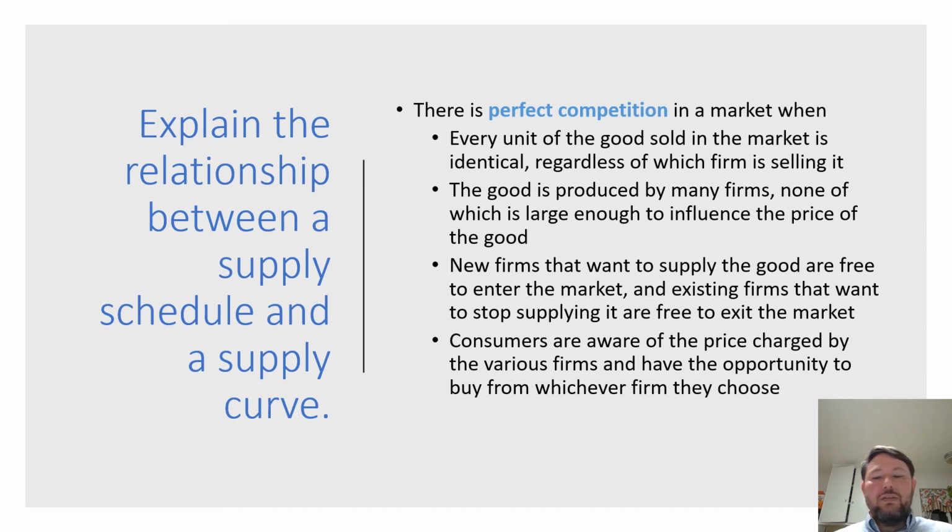But in the real world, some things that come very close are agricultural products, like I mentioned, oranges, or perhaps soybeans, corn, like we started this lecture with, wheat, cotton, etc. That's because there are usually enough firms, none of them large enough to influence the price on their own. The product is identical. It's relatively easy for firms to get in and out of producing these products, and consumers are generally aware of the price charged by the various firms and have an opportunity to buy from a large variety of firms.